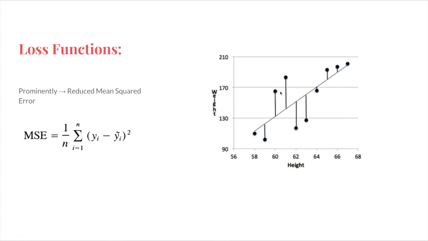What we do with reduced mean squared error is square all these distances, and then add all these squares together, then divide by the total sample size, which is just taking the average of all of them. And then we get the mean squared error.